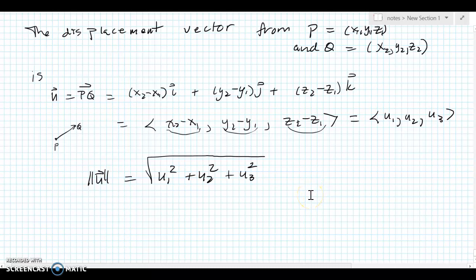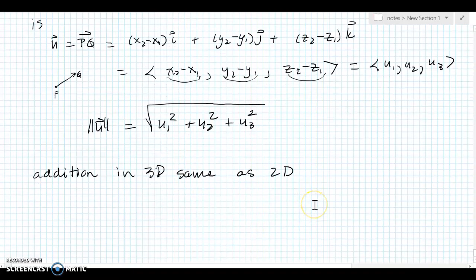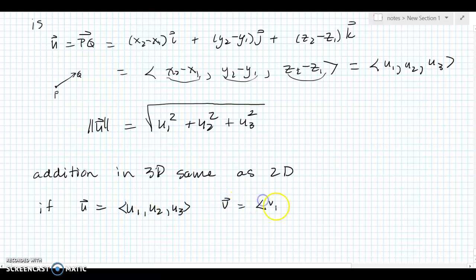Okay. Addition in 3 space, 3D, is the same as 2D, right? If U equals U1, U2, U3, and V equals V1, V2, V3, right?